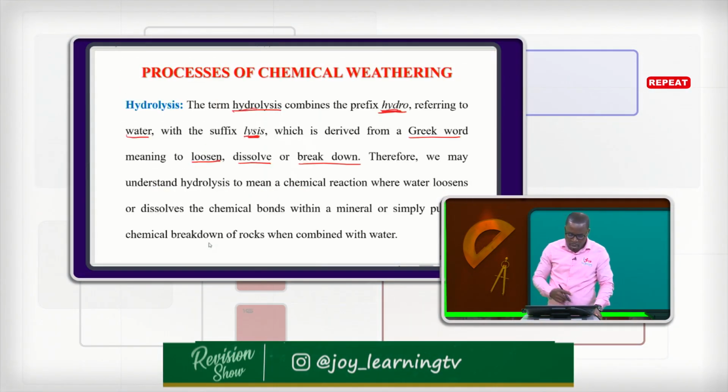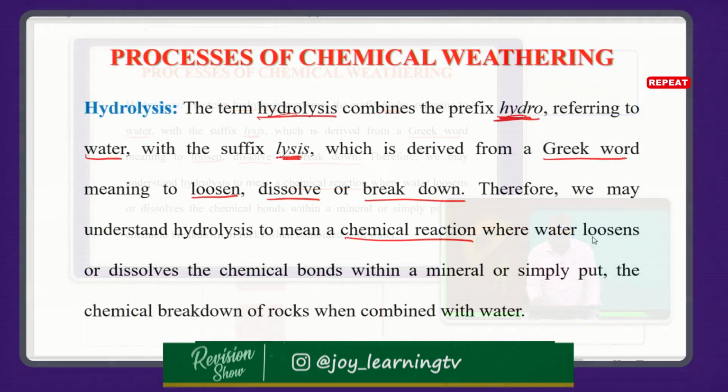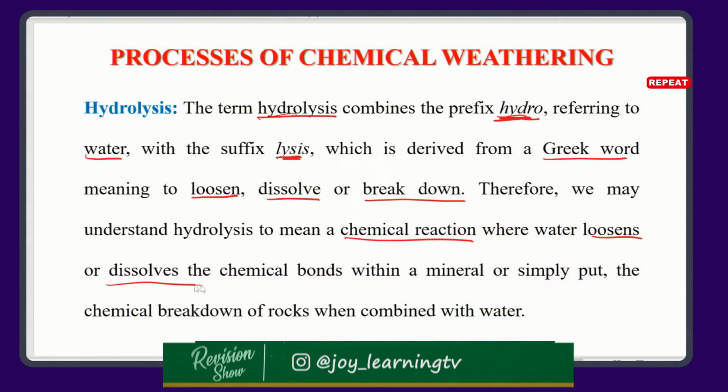Okay. So we may understand hydrolysis to mean a chemical reaction where water loosens or dissolves the chemical bonds within a mineral, or simply put, hydrolysis is the chemical breakdown of rocks when combined with water.